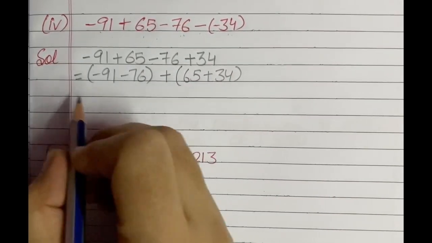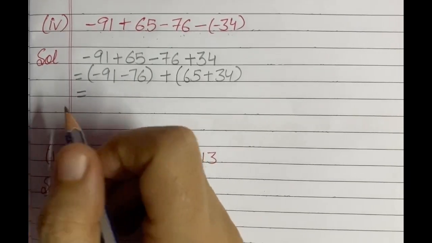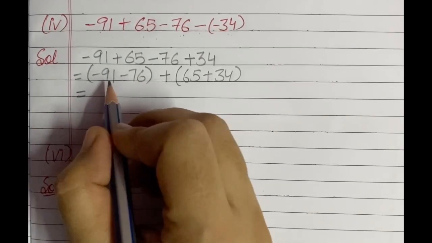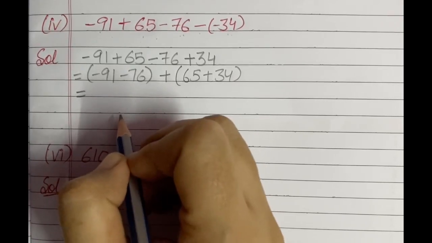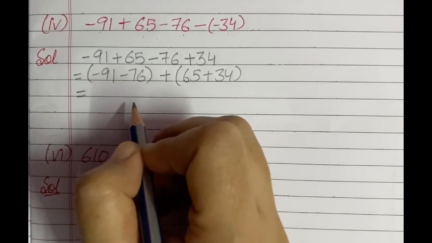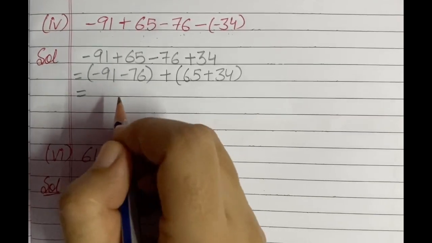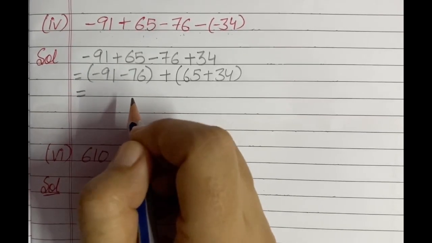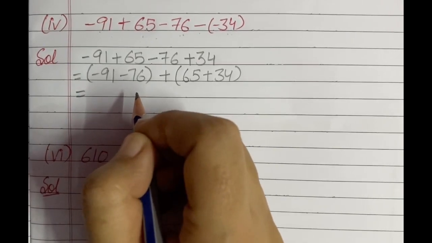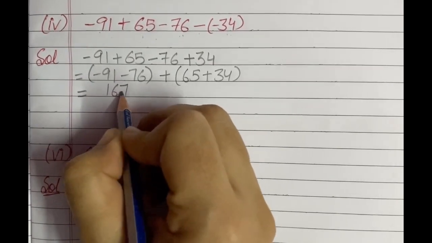Now students, on solving the first bracket, since both the integers are negative, they both are having common sign. So what we have to do? We have to add them, and on adding 91 and 76, what we will get? We will get 167.